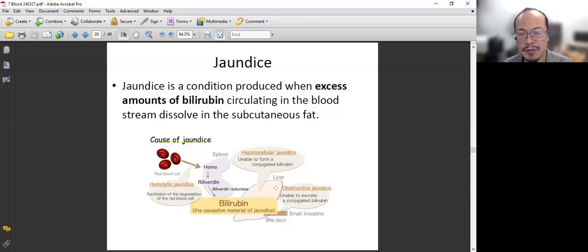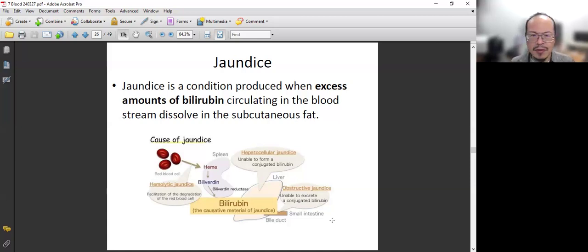Hepatocellular jaundice. The liver doesn't process it, or it could be bile obstruction. So if the bile ducts get obstructed, then you don't excrete that bilirubin into the small intestine, then it gets stuck, and will basically stay in the body.